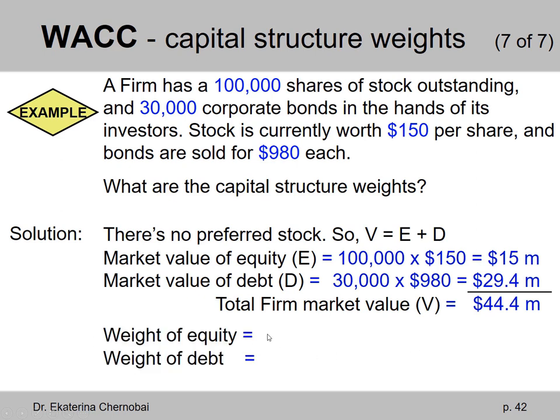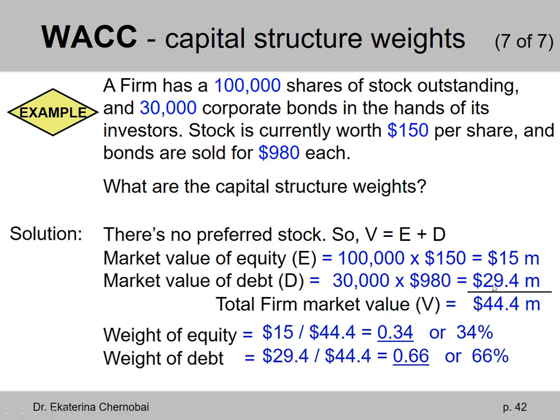Weight of equity is the percentage or the proportion of the market value of equity out of the total market value of the firm. So we take 15 million and divide by 44.4 million, which gives 0.34 or 34%. And the weight of debt is calculated similarly.